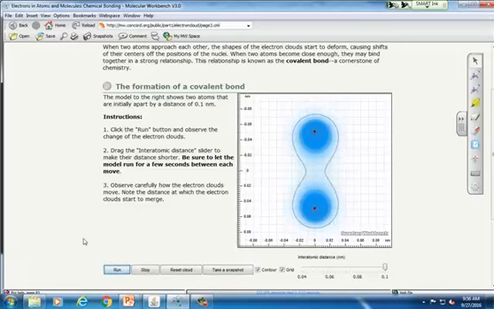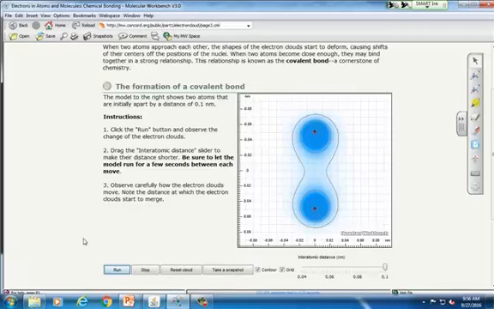But they are still just close enough for this outer area of electron density of one atom to kind of combine with the other atom's area of electron density. But for the most part, the electrons are either here around this nucleus or here around this nucleus. Right? So this is not really a covalent bond yet.